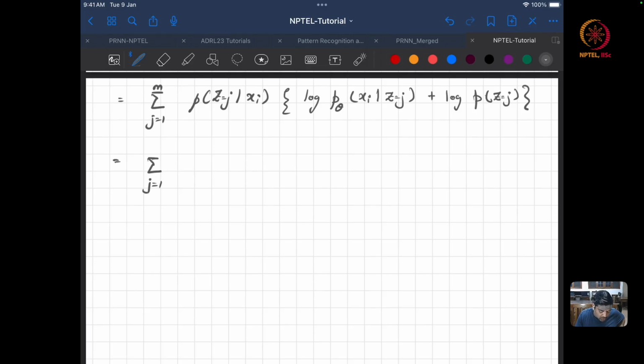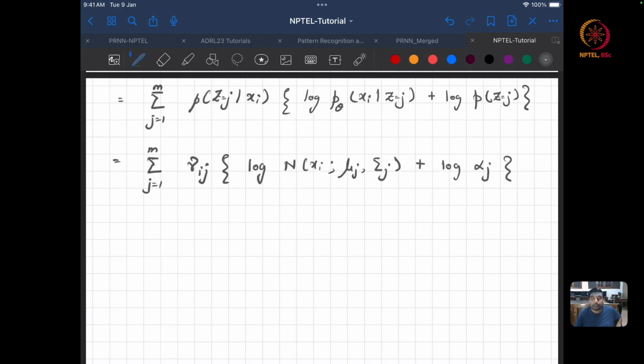So j equals 1 to m, log of xi parameterized by mu j, sigma j, plus log of pi j. Okay, so now this is your expectation.